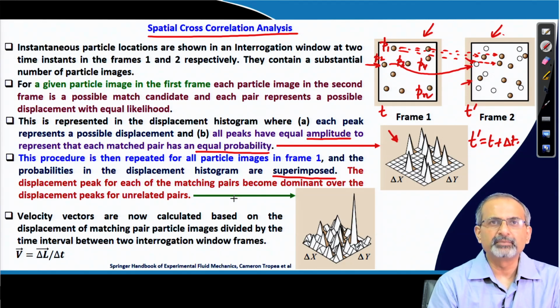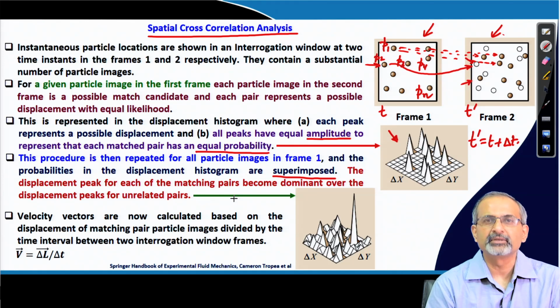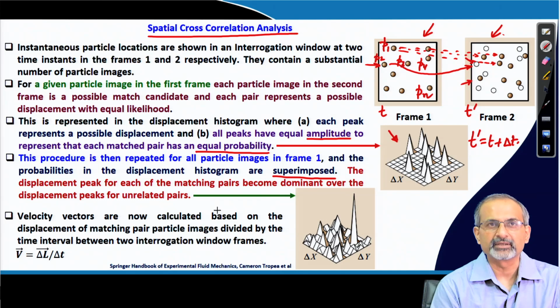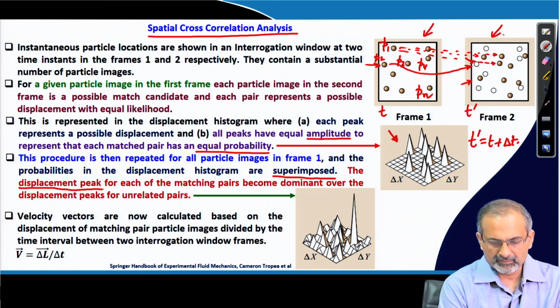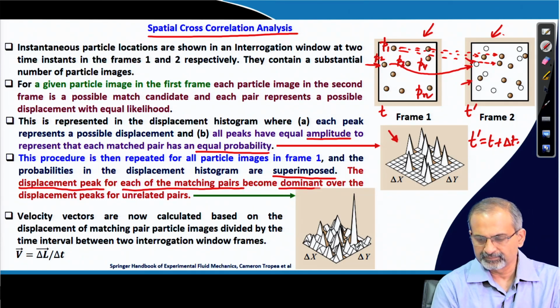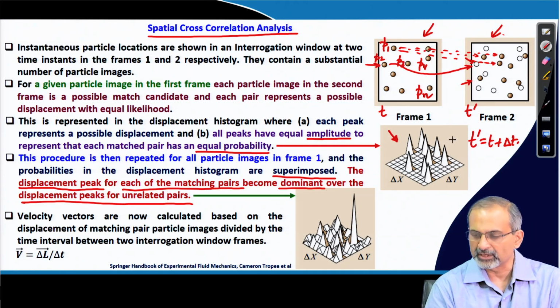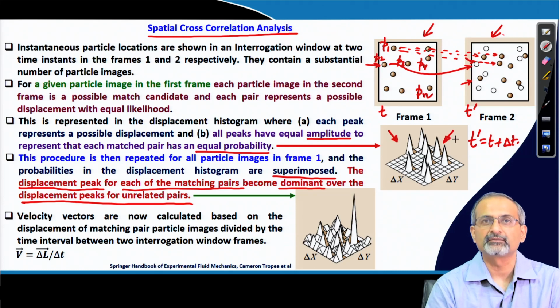The displacement peak for each of the matching pairs becomes dominant over the displacement peaks for unrelated pairs. So, now we will see dominating peaks instead of peaks of equal amplitude, where we started from.